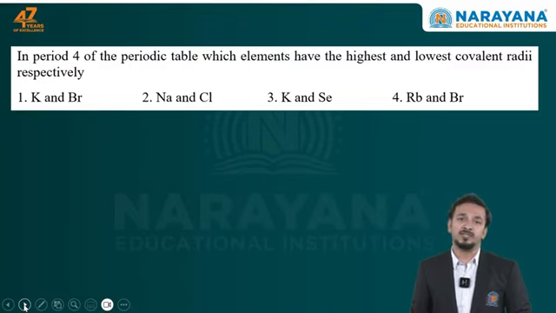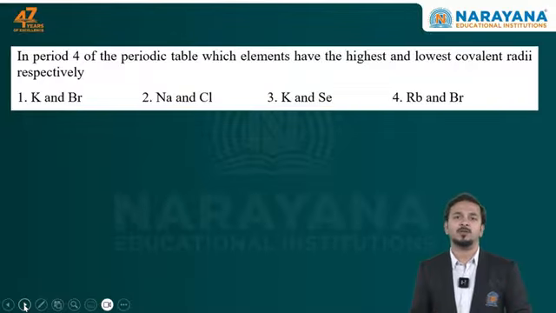The reason for this decrease is the increase in the effective nuclear charge. So as we move from left to right, there is an increase in the effective nuclear charge, because of which there is a decrease in the covalent radii, which means the first group will have maximum covalent radii and group 17 will have minimum covalent radii.